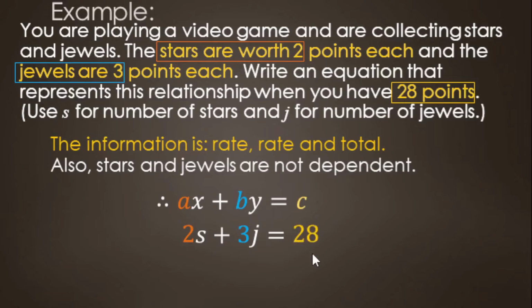So the C turns to a 28. So we replace the A with the rate, the B with the rate. Again, it's 2 points per star plus 3 points per jewel equals a total of 28 points. So that's the summary statement of the scenario that we have up here.